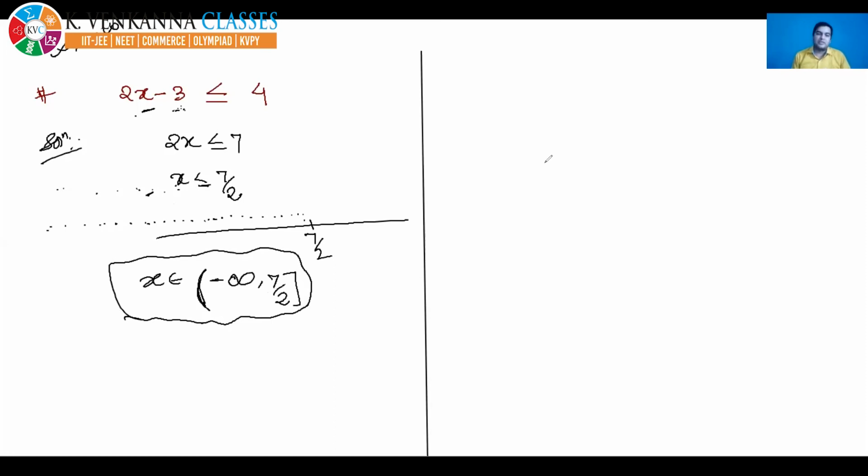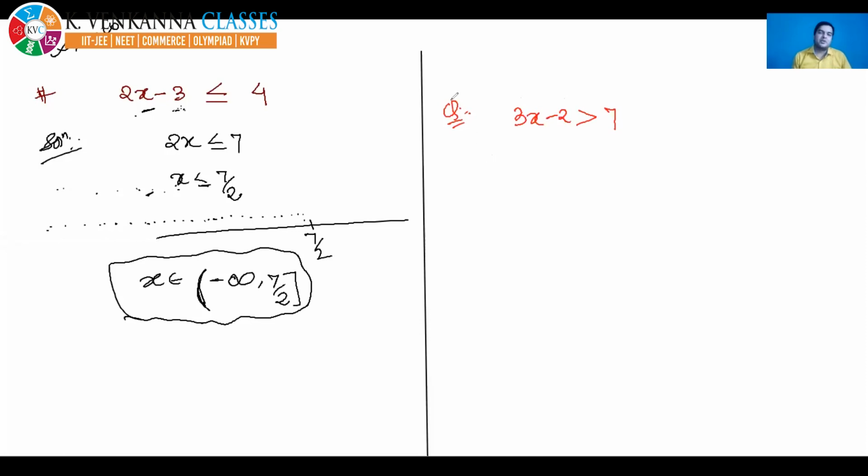So everyone is clear about it or not? Please tell me. If yes, then the next question is very similar to this, and I hope you will give me the correct answer. Okay, good. Next question is 3x minus 2 greater than 7.